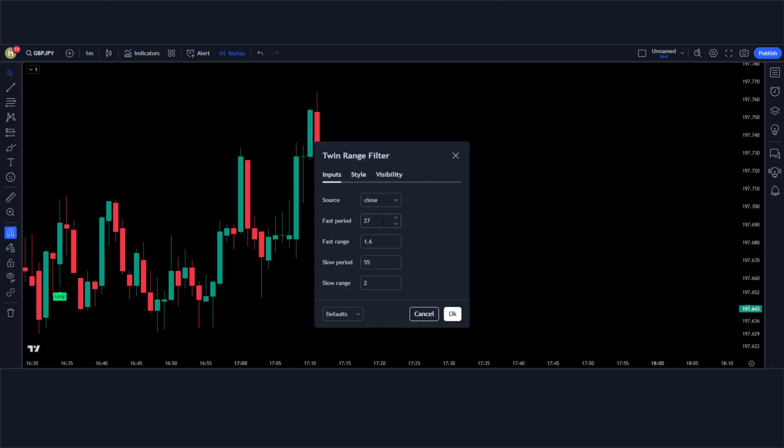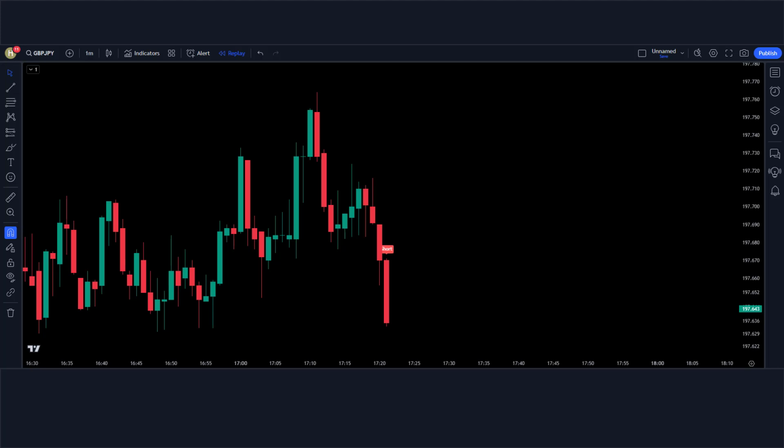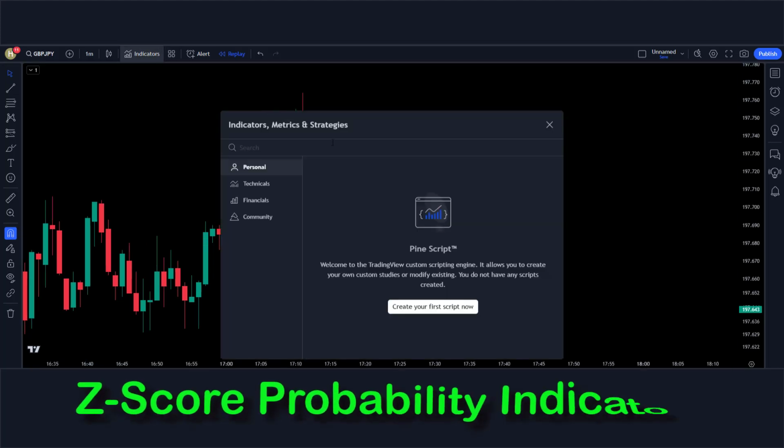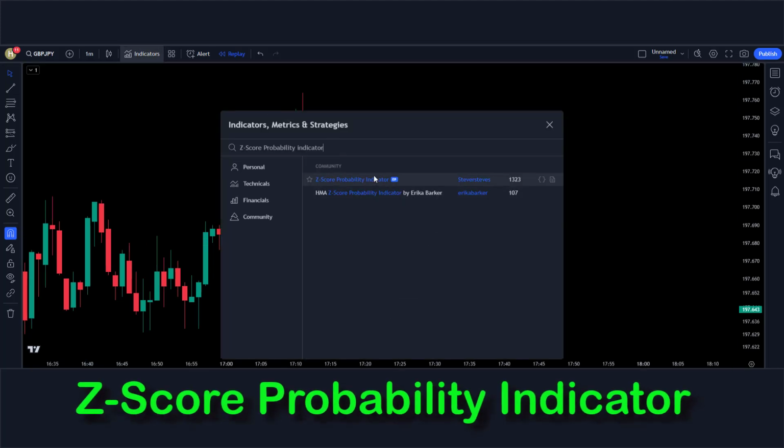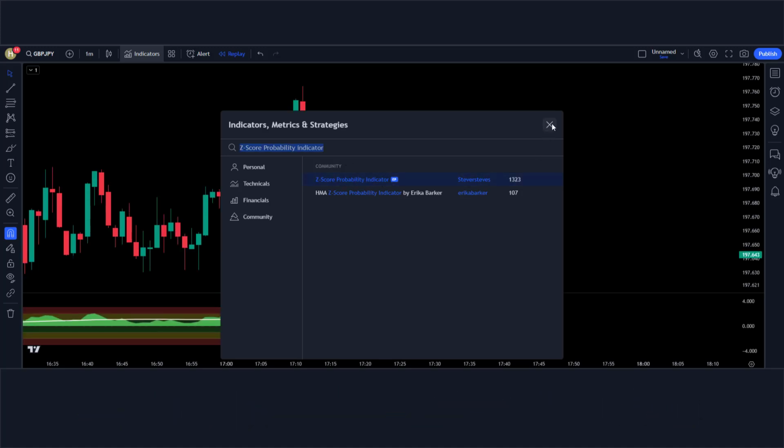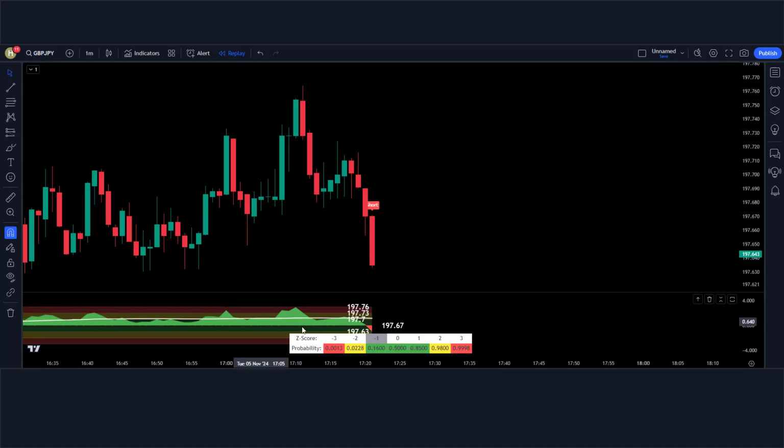Keep the indicator setting as I have shown here. Second indicator name is Z-score probability indicator. Keep the indicator setting as I have shown here.